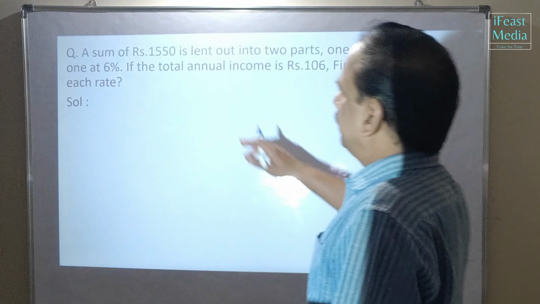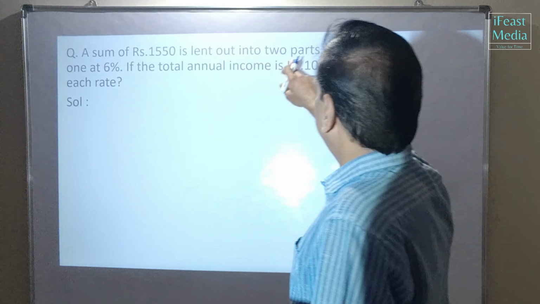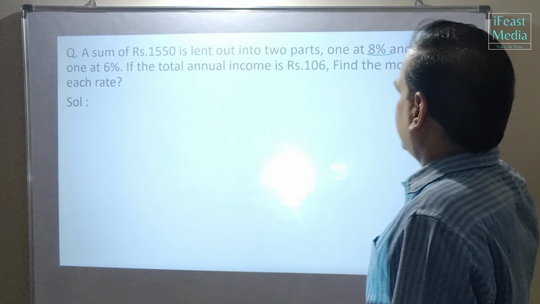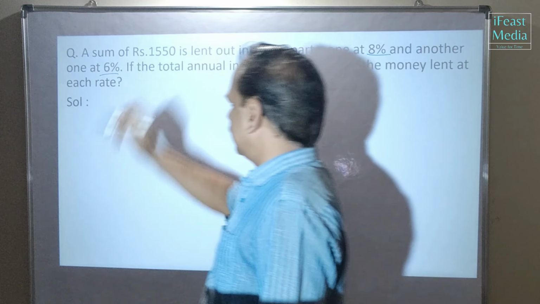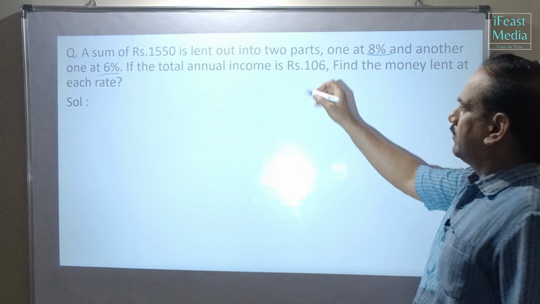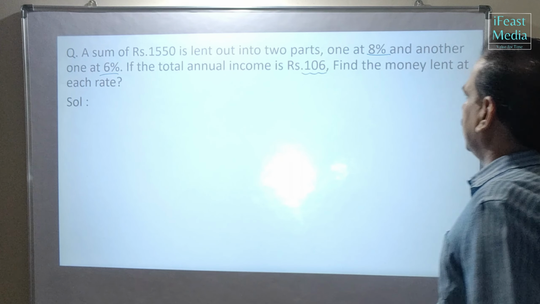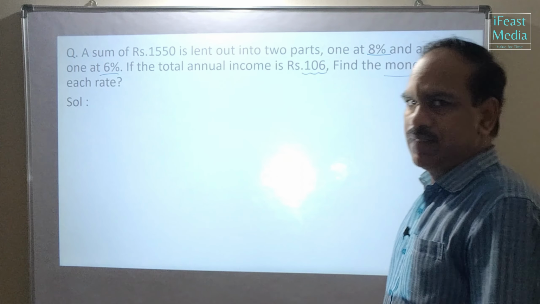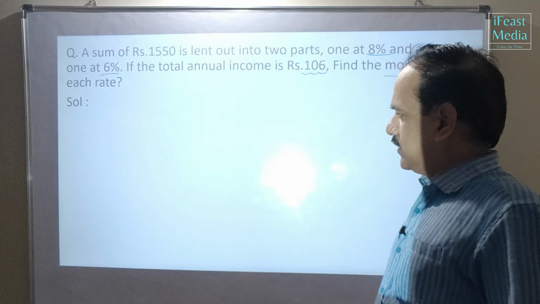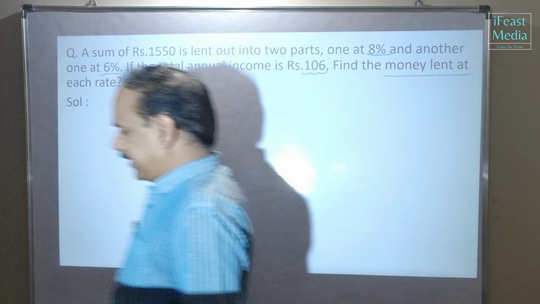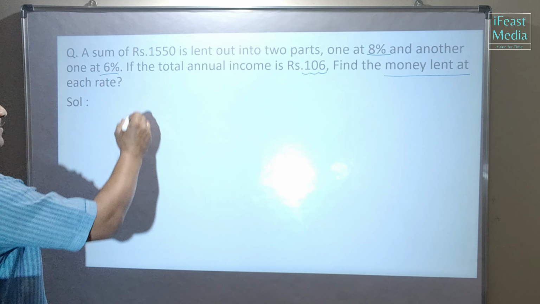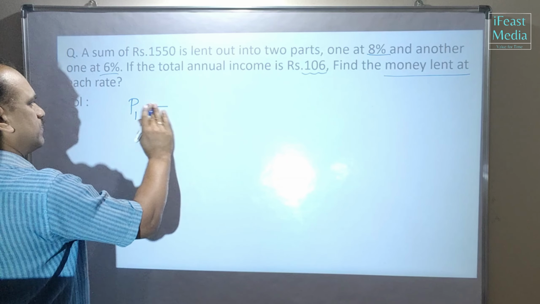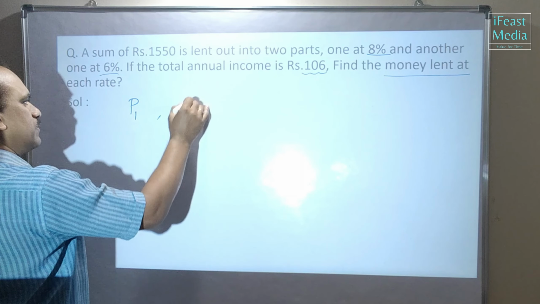Now a sum of money, 1550, is lent out in two parts, one at 8% and the other at 6%. If the total annual income is 106 rupees, find the money lent out at each rate of interest. Let us take the two parts as P1 and P2.